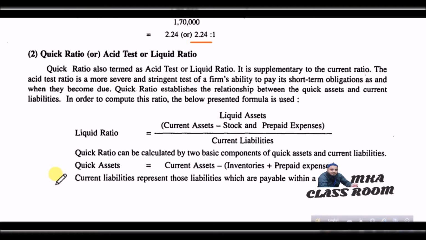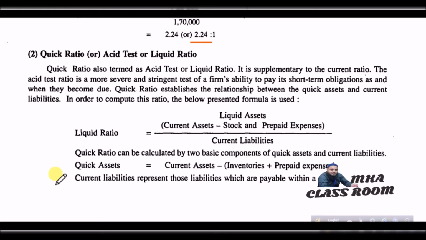The acid test ratio is a sharper and more strained test of a firm's ability to pay its short-term obligations as and when they become due. Quick ratio establishes the relationship between quick assets and current liabilities.